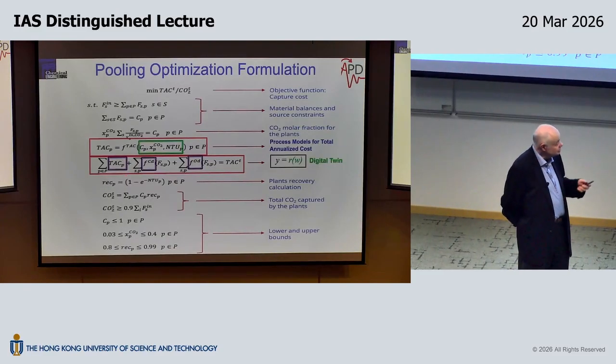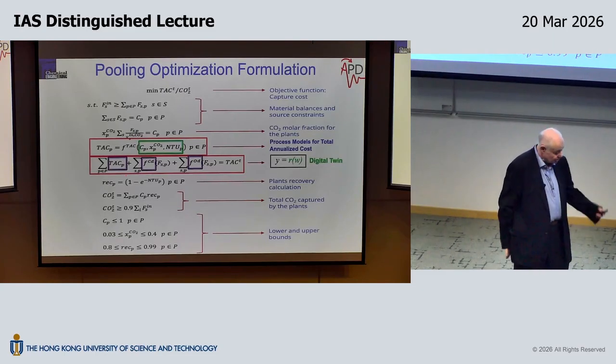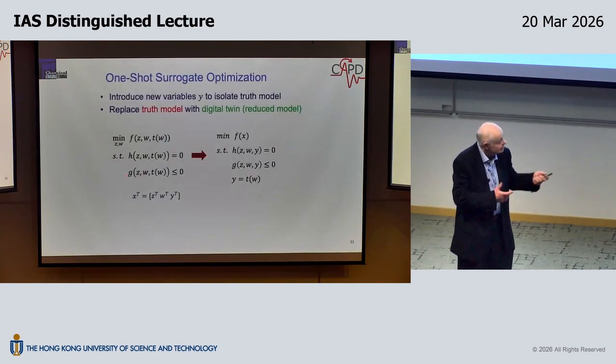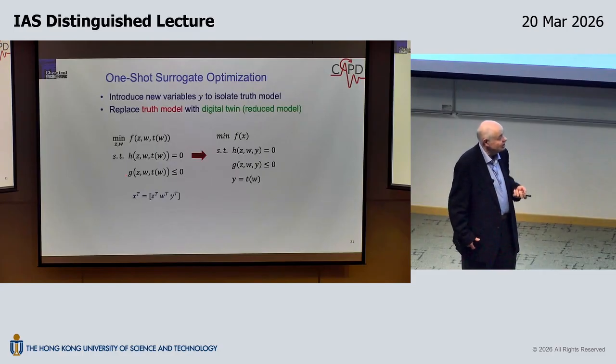What digital twin do I use? What's in purple are going to be my outputs of the digital twin. What's in green are my inputs of the digital twin, okay? All right, good. Let's take a look. Well, the first thing we can do is say that's basically part of my one-shot optimization where I replace the truth model with this digital twin model over here, okay?